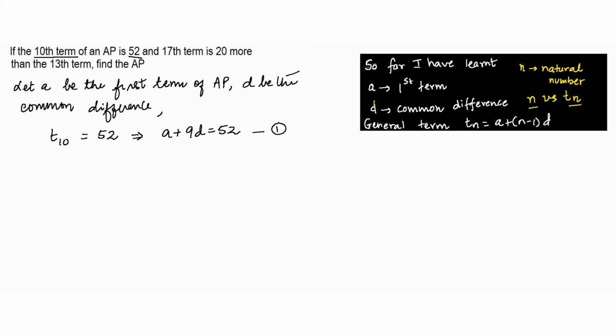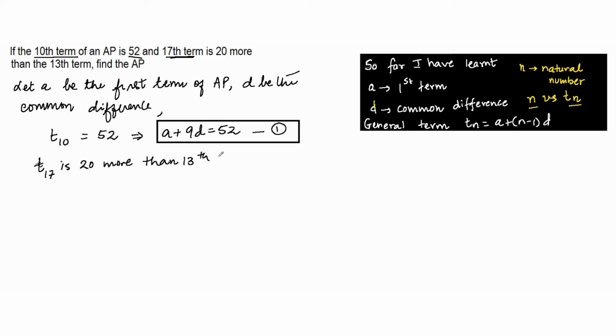And the second condition here is the 17th term, that is T17. The 17th term is 20 more than the 13th term. That means T17 is 20 more than T13.